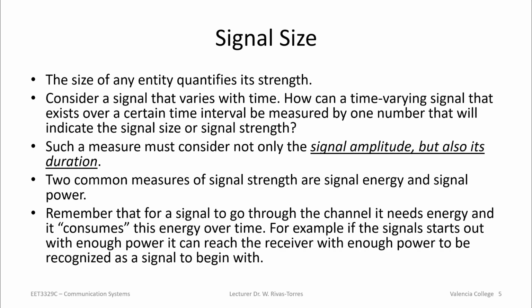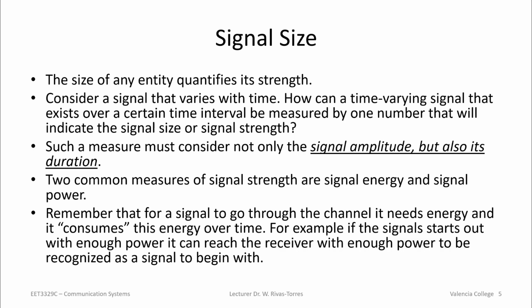Something that we could call either the signal size or the signal strength, right? Such a measure we can think about as the amplitude, but also its duration. That's the sort of thing that we can measure from a signal, right? So we really want to measure a signal in terms of its strength, and we actually talk about the signal energy and the signal power, right?